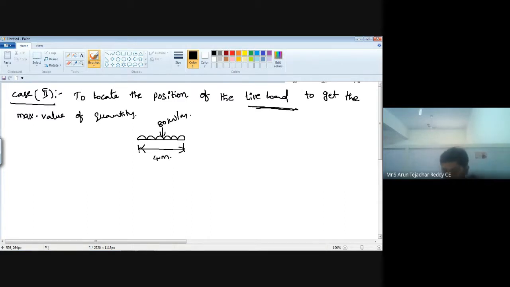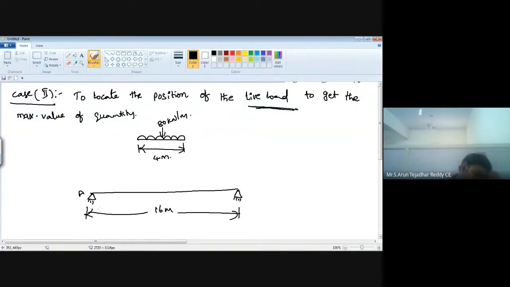And suppose you imagine your bridge may be a 16-meter bridge. Your bridge or else your floor may be a 16-meter span.